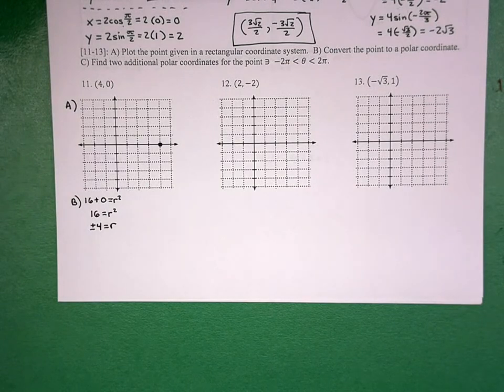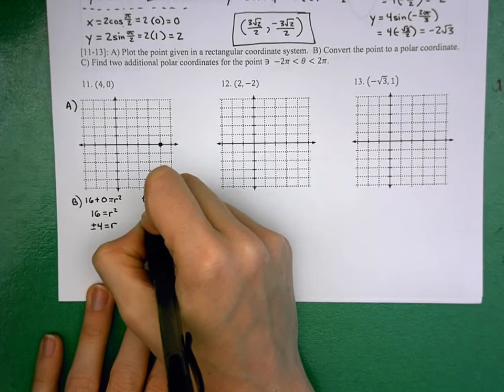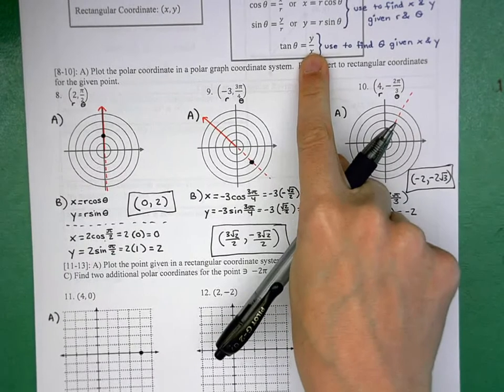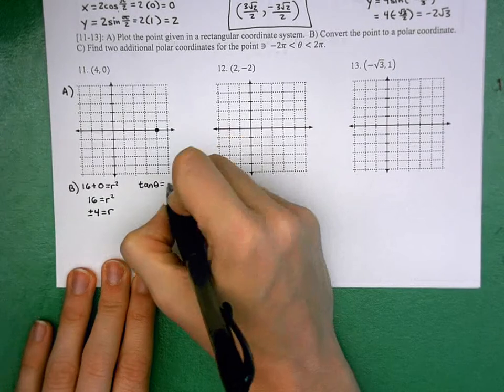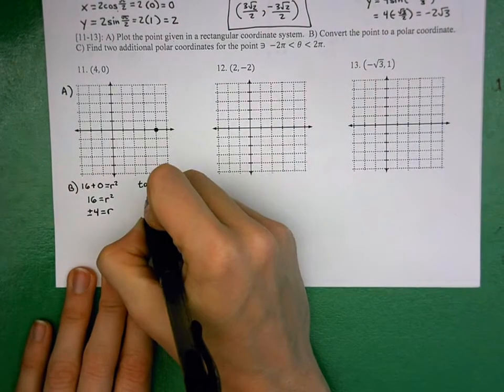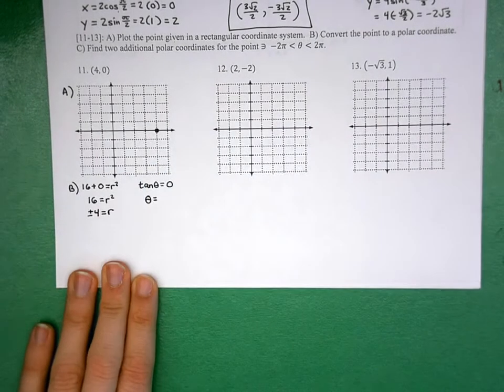My theta then, tangent theta, remember, is y over x. So my tangent theta is 0 divided by 4, which is just 0. And so then I know what theta is. Take a moment. What angle measures give me a tangent of 0?